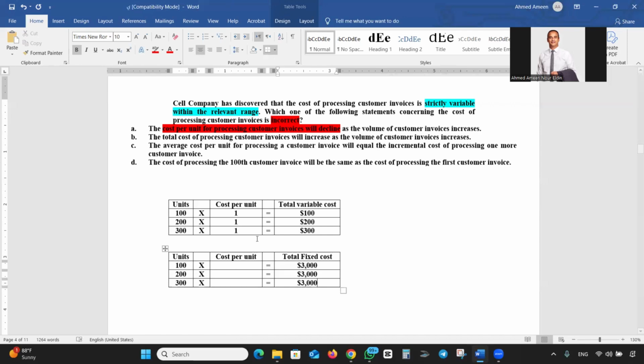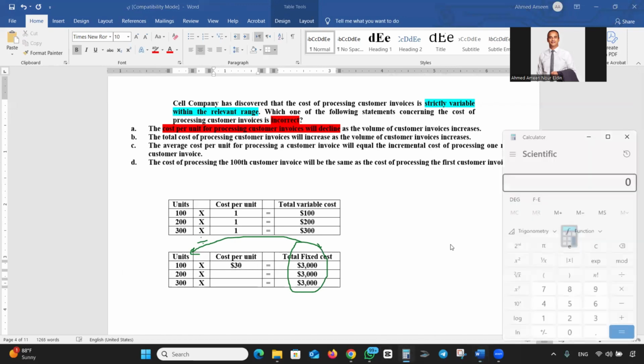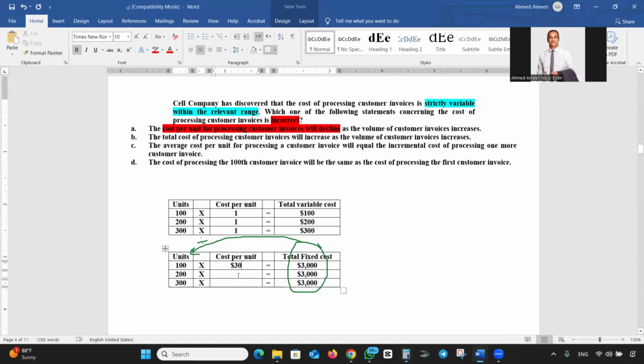It will not change with the increase in the production. How can we calculate cost per unit? We calculate cost per unit by dividing the total cost by the number of units. So 3,000 divided by 100 units equals $30 per unit. But 3,000 divided by 200 units equals $15 per unit.